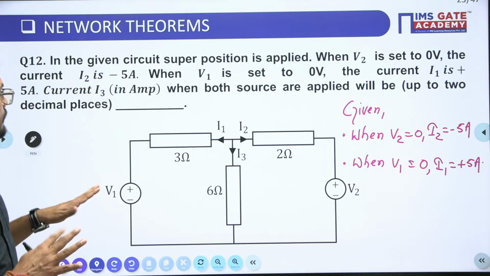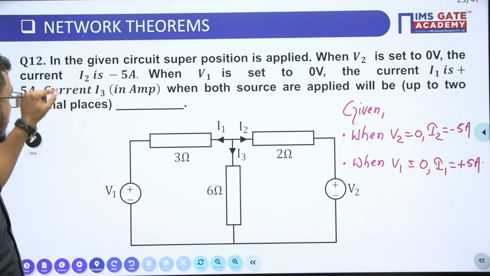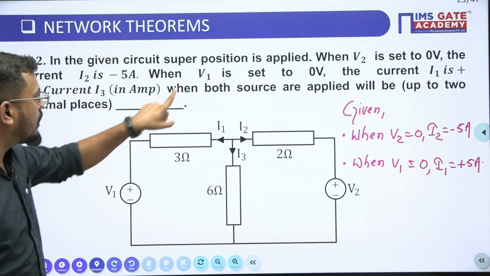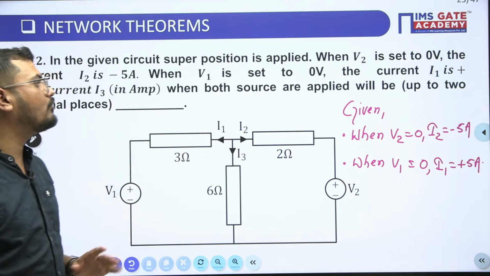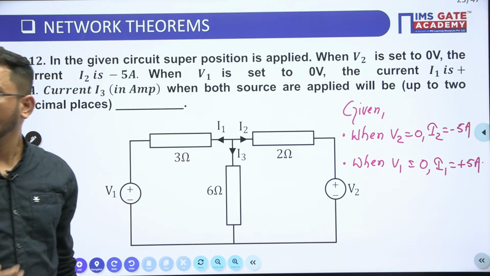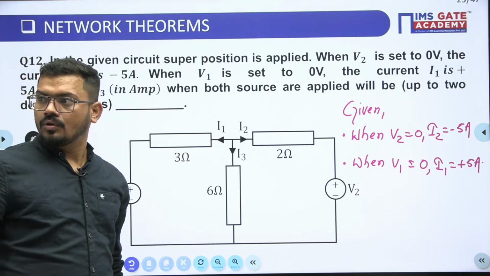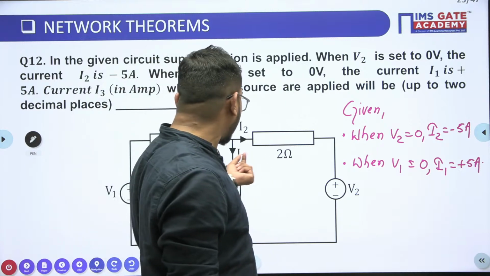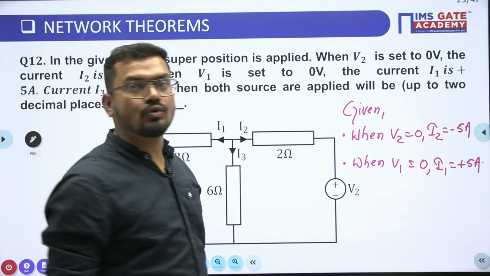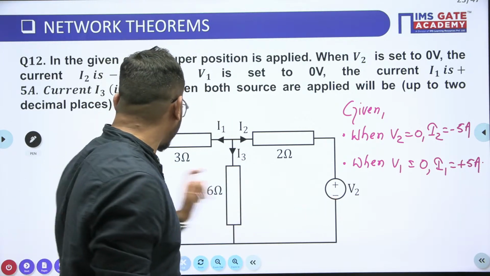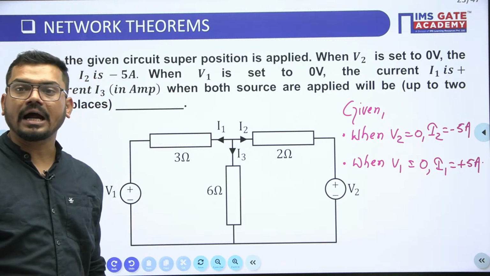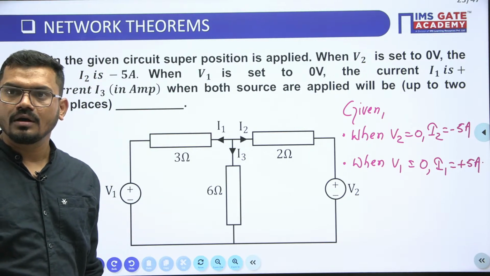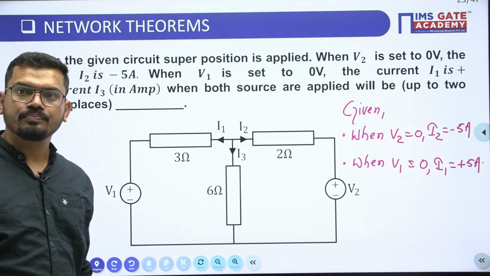Now what we have to calculate is current I3 in ampere when both the sources are applied. So we have to calculate this value I3 when voltages V1 and V2 are both applied simultaneously, guys. Is it clear to all?